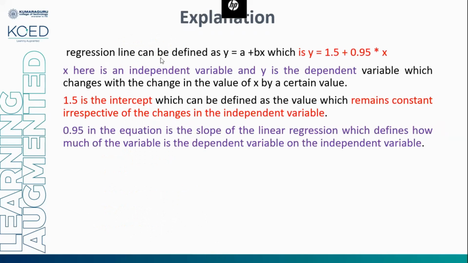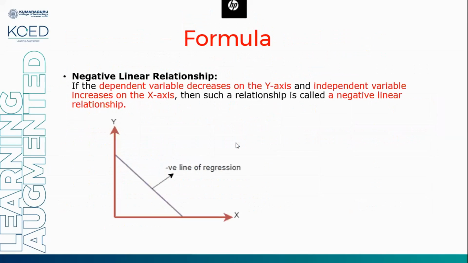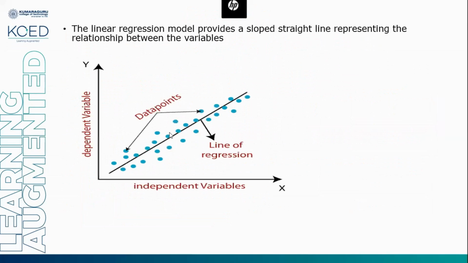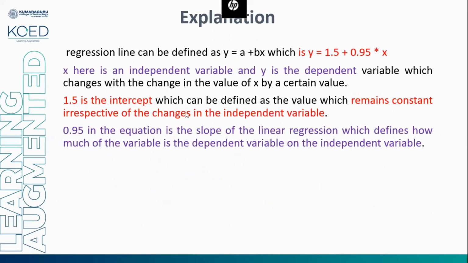So what it says, the regression line can be defined as y equal to ax plus b. This is the line, and this is the formula of this line. So we have to analyze the result. The regression line can be defined as y equal to a plus bx, sorry, not ax plus b, where y equal to 1.5 plus 0.95 into x.